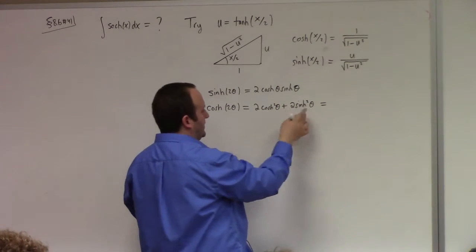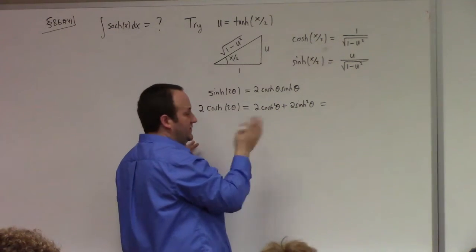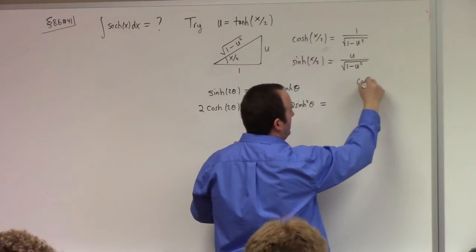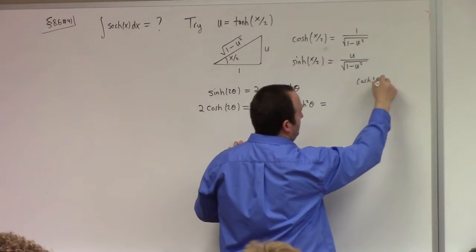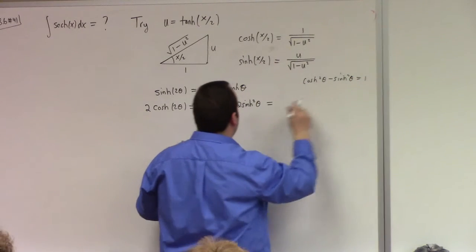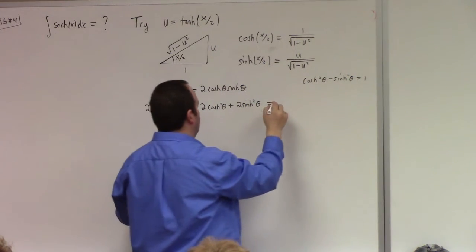How can I convert this to cosh squareds, or to sinh squared? You pick it, I don't care. Cosh squared theta minus sinh squared theta is 1, right? So sinh squared theta is what?